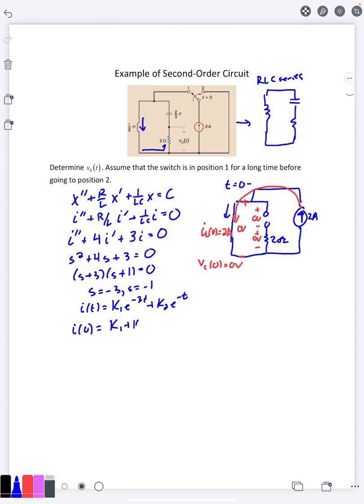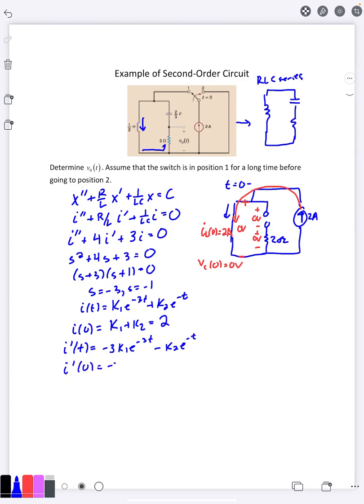So if I plug in 0 into my formula for I of t, I get k1 plus k2, and we know the initial value is 2 there. Then, as we've seen many times, we take our derivative: -3 k1 e to the -3t minus k2 e to the -t.